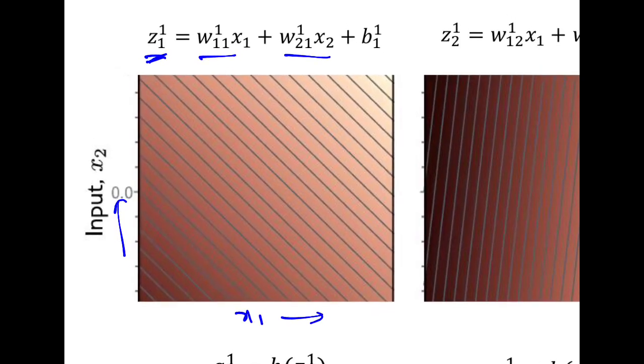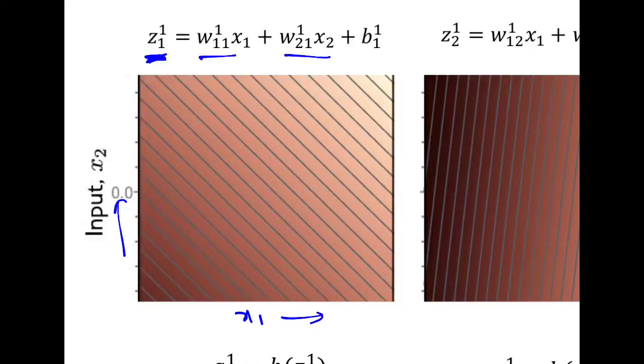Now we want to find the decision boundaries. So I'll put some threshold. I'll say that my decision region is that if this particular function is less than or equal to a threshold, then it's class 0. If it's greater than the threshold, it's class 1. And the decision boundary is when it is equal to the threshold. So let's look at the points where z1 is a constant value. In this picture the color represents the value of z1.